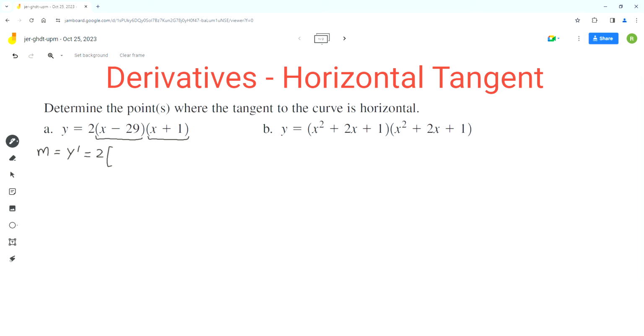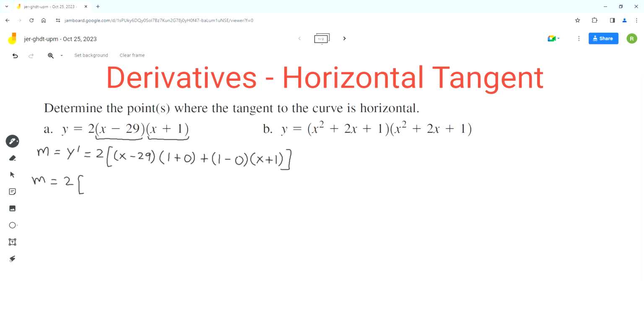So we'll start by writing the first function, x minus 29, times the derivative of the second function, which will be 1 plus 0, and then plus the derivative of the first function, which is 1 minus 0, times x plus 1. Now we have to simplify this expression, so we'll keep the 2 outside.